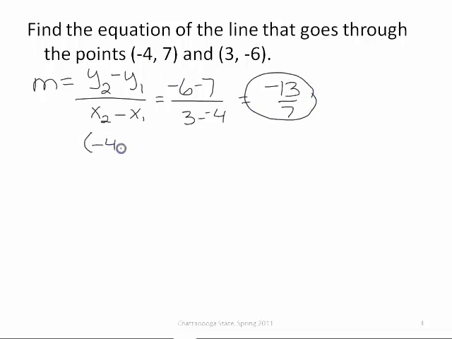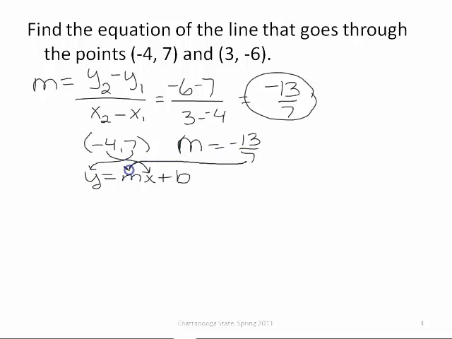This time I'm going to use the point (-4, 7) with m equals negative 13/7 in my slope-intercept equation, which is y equals mx plus b. So I put my x-coordinate in for x, my y-coordinate in for y, and my slope for m. This will give me 7 equals negative 13/7 times negative 4 plus b.